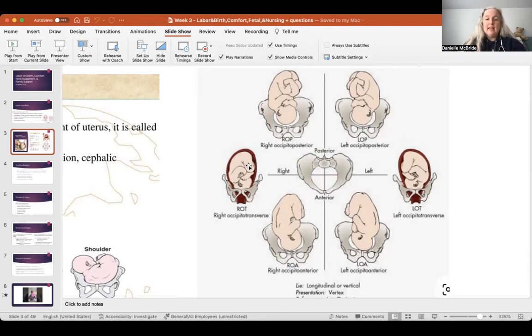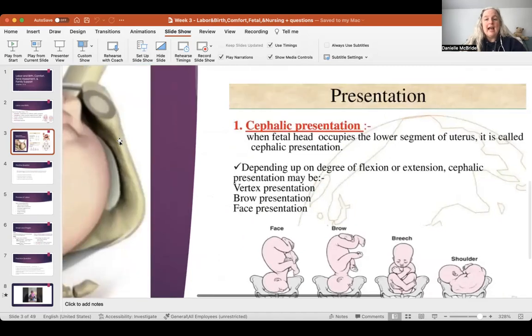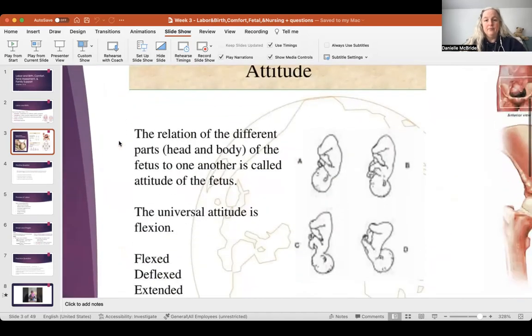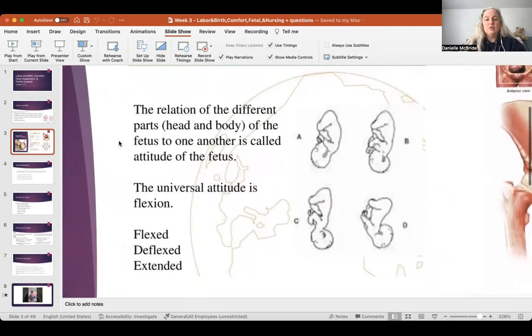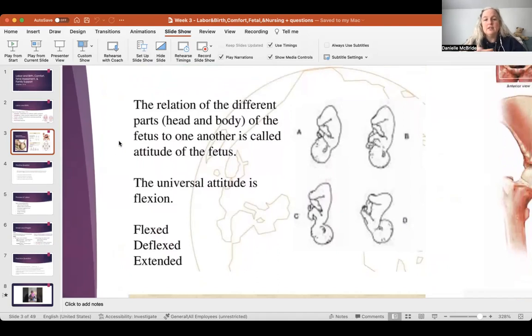Now, if our baby is occiput posterior, that is especially a time that interferes with the flexion. That is our attitude. The definition of attitude is the relation of the different body parts, like the head and the body, in relation to itself.